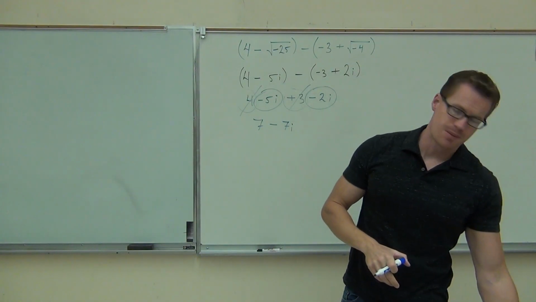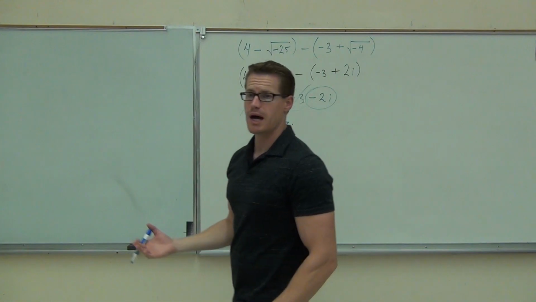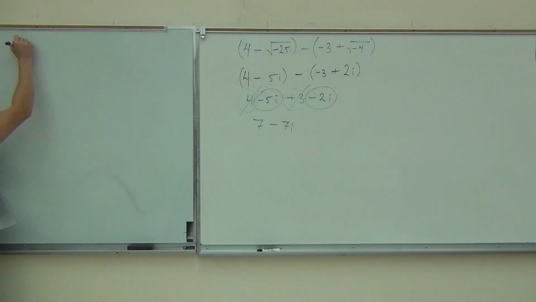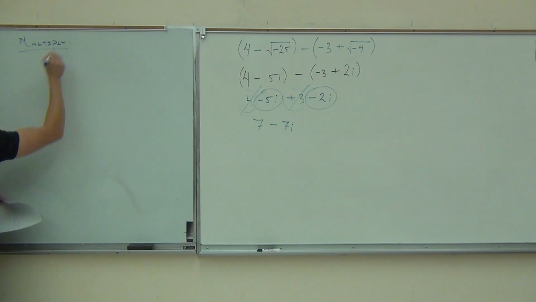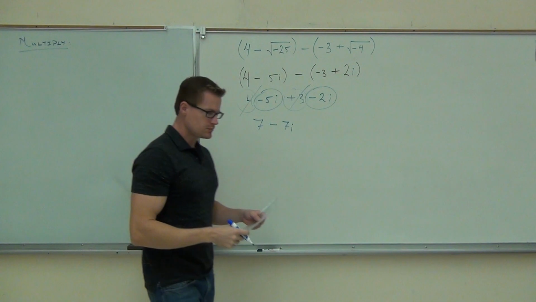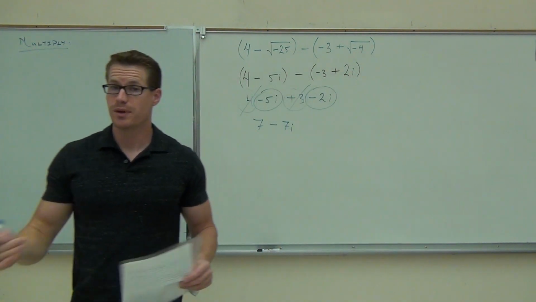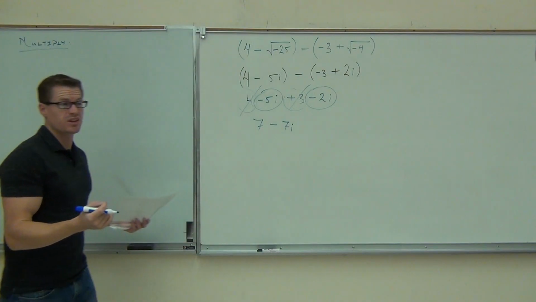Now for the rest of our time in this section, we're going to talk about how to multiply and how to divide. We'll talk about multiplication first. You know there's really only one thing that you need to know in order to multiply these complex numbers? Really, that's it.